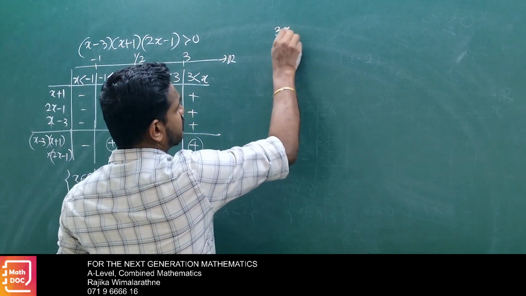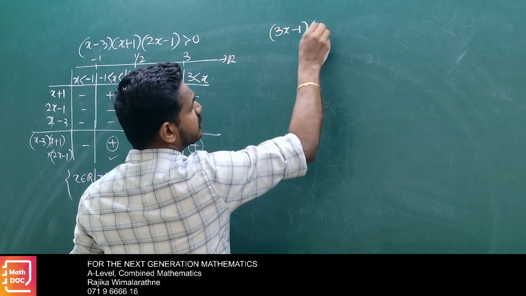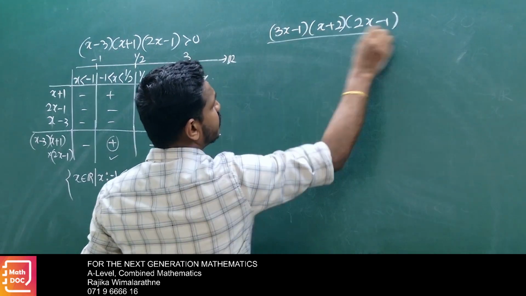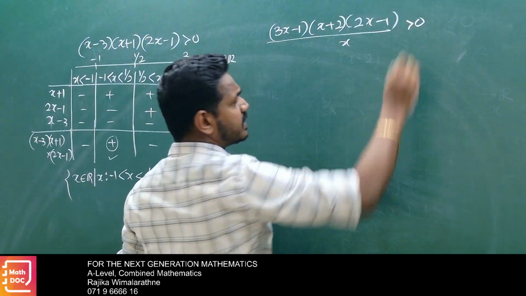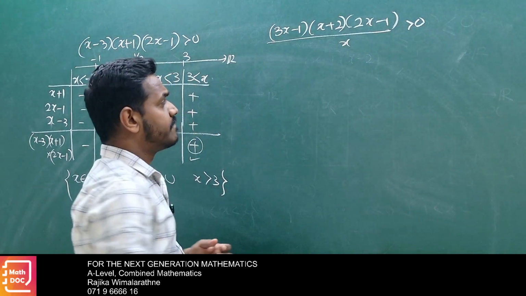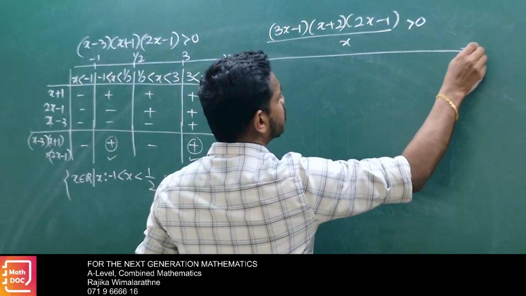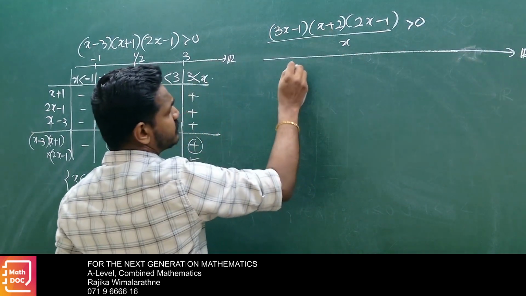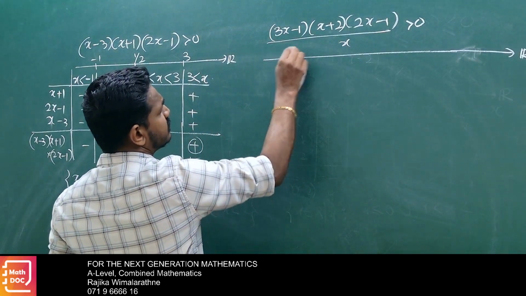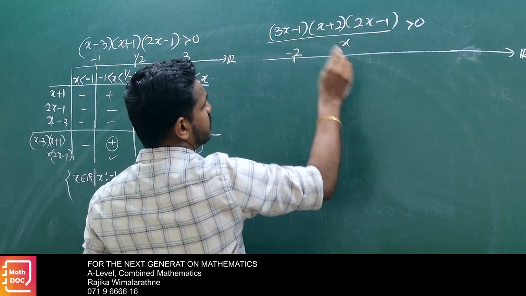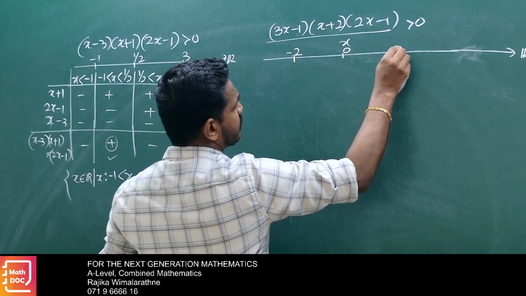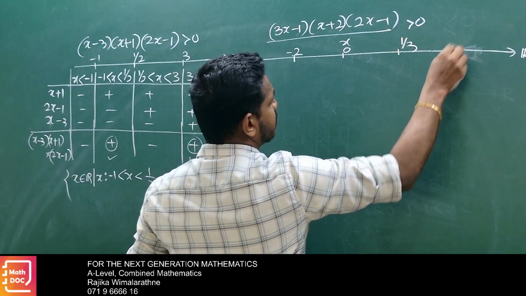Second one, (3x minus 1)(x plus 2)(2x minus 1) over x greater than 0. Then mark them. Here minus 2, 1/3, 0, 1/3, half.